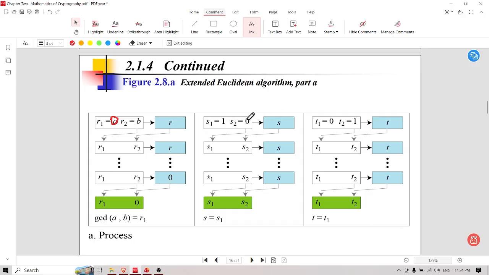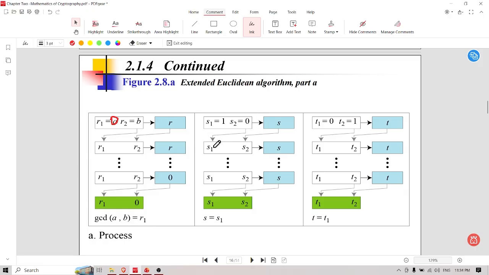And in this case, for finding s, first of all, S1 would be 1 and S2 would be 0. And vice versa, T1 would be 0 and T2 would be 1. And so on, same process as here.